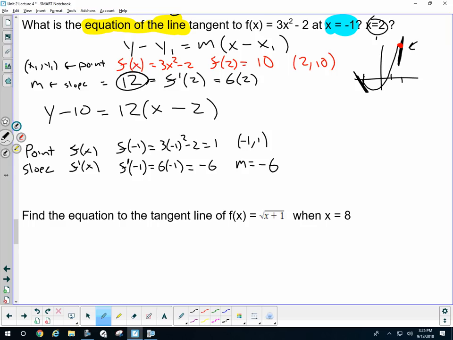To find the exact value, we use our friend f prime of x equals 6x, which is the equation of all of the tangent slope values for f. If I want to know what this actual value is, I plug in negative 1, because that's where our x-coordinate is. My slope is negative 6, giving me my other equation, y minus 1 equals negative 6 times x plus 1.